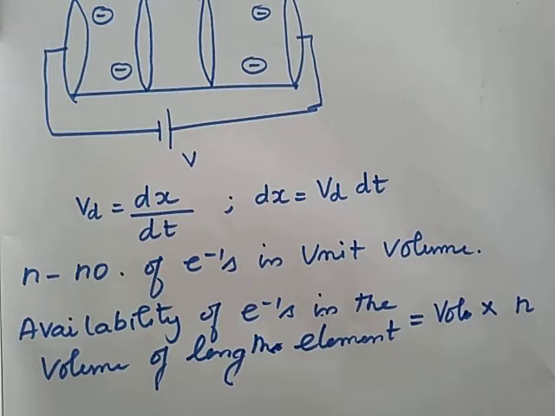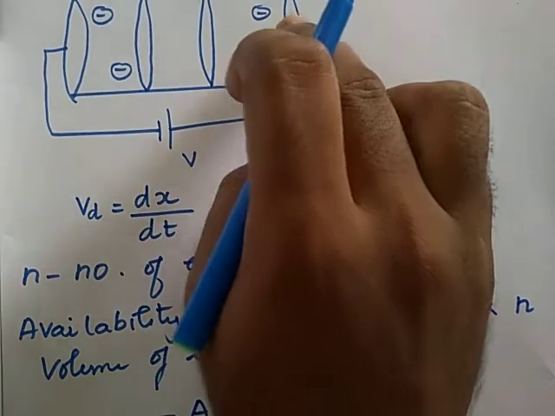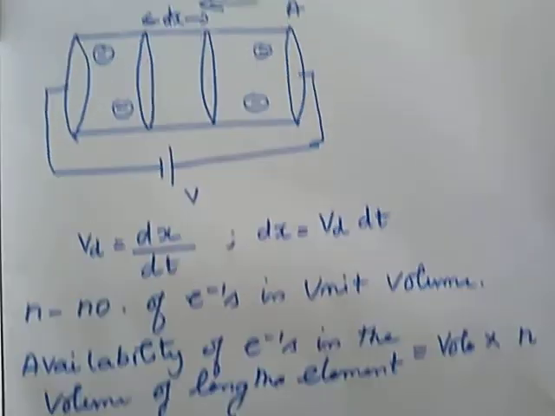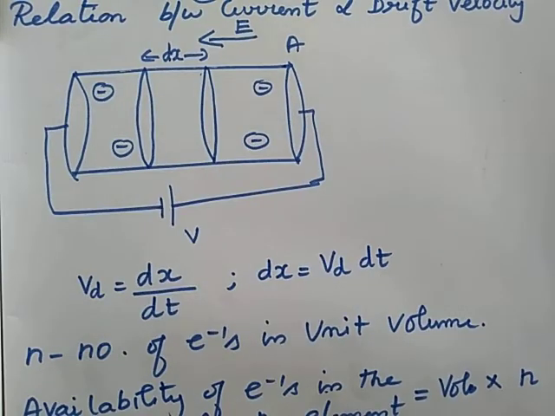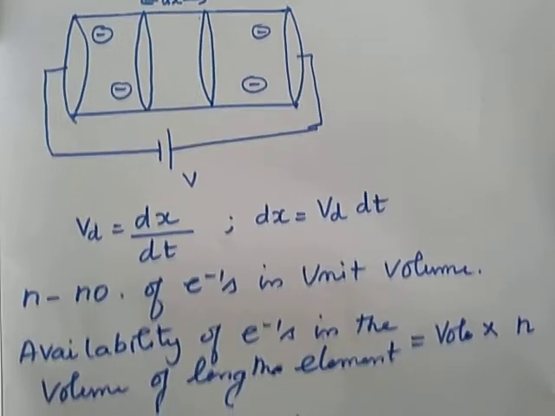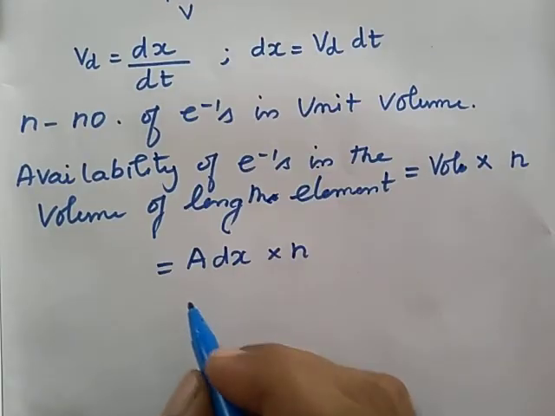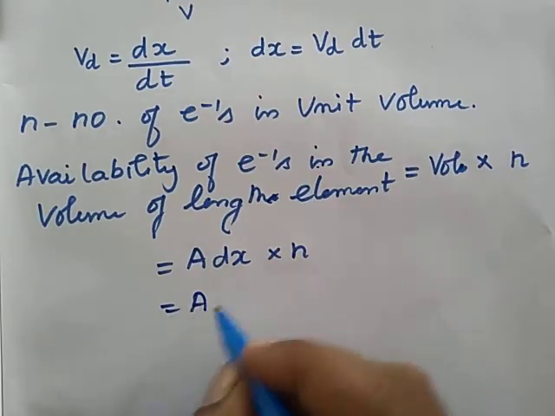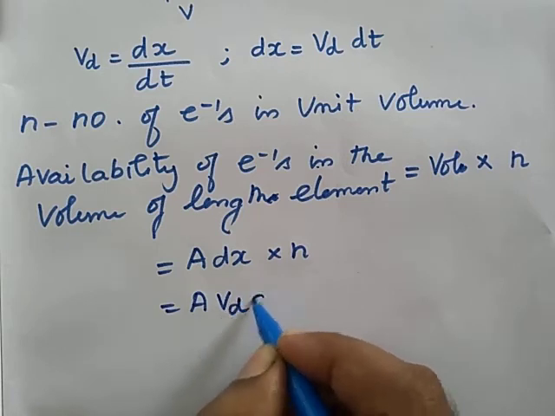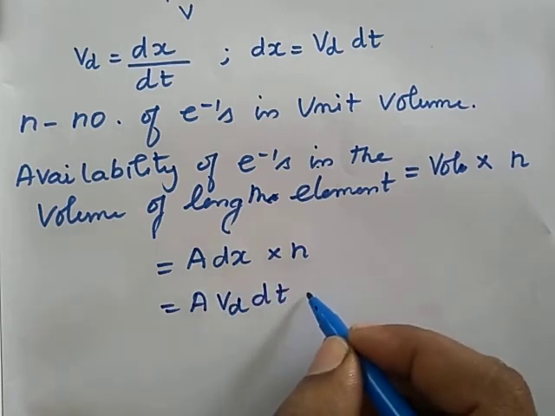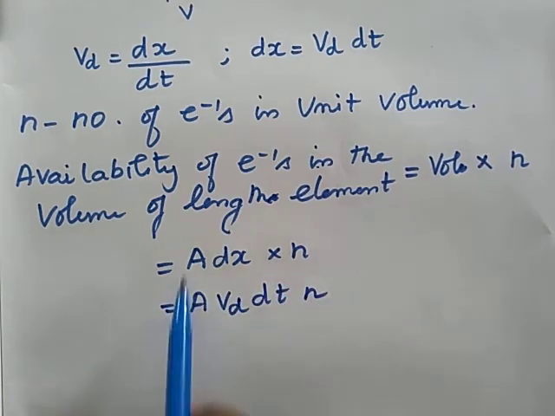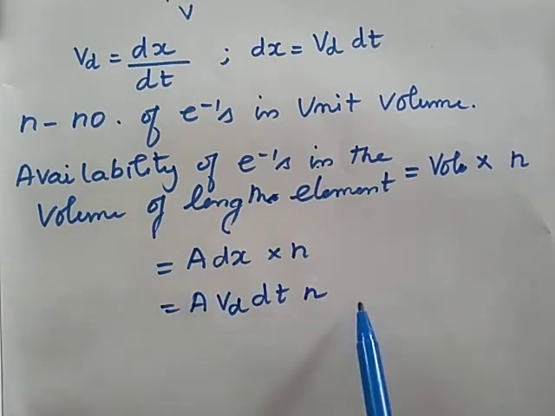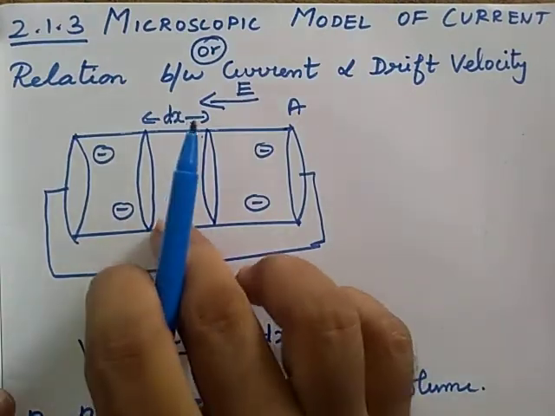What is the formula for volume? Here area into distance dx into n. We know dx can be written as Vd dt, so it is A Vd dt into n.